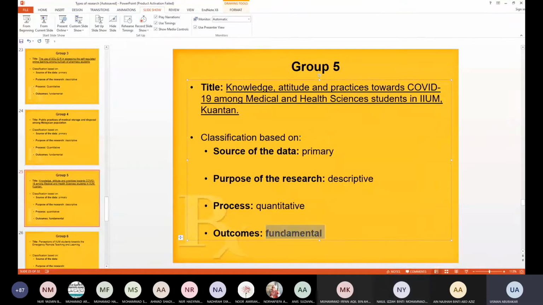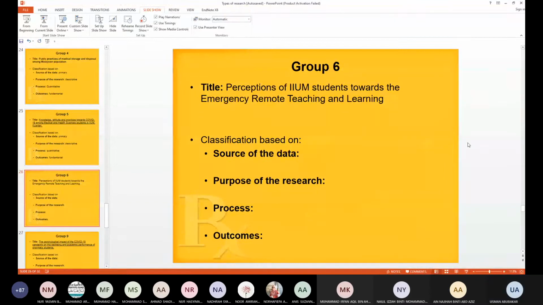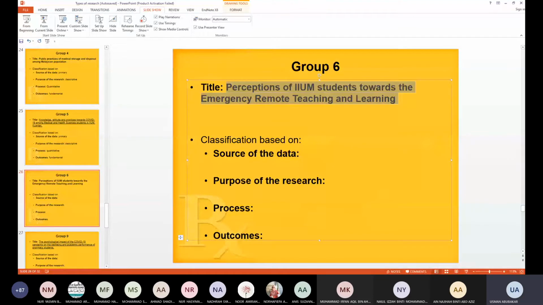Six. Are you here? The members or the leader? Group 6, are you here?